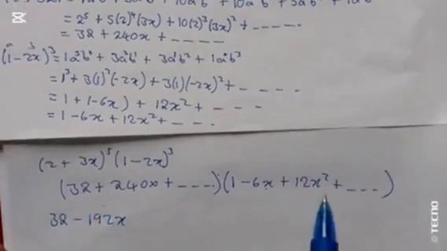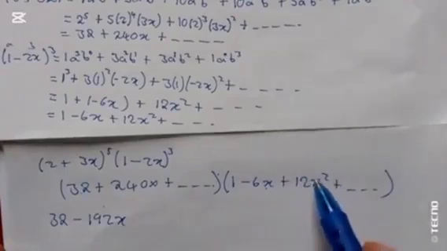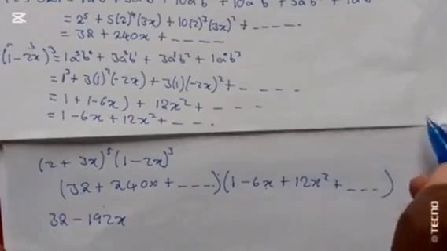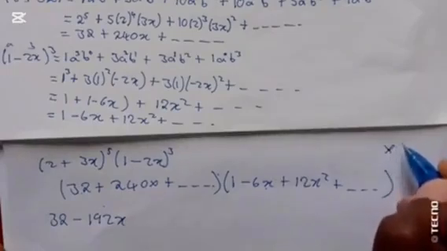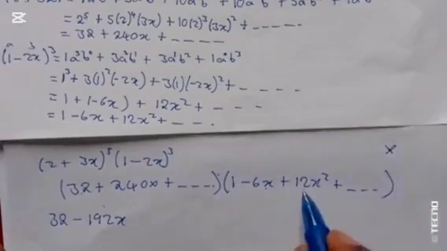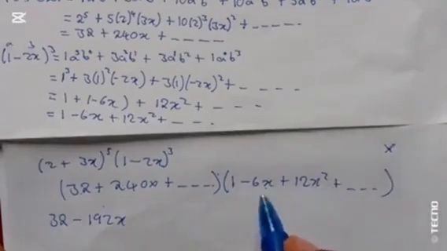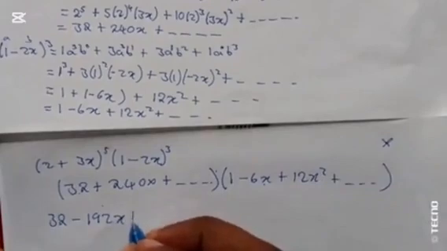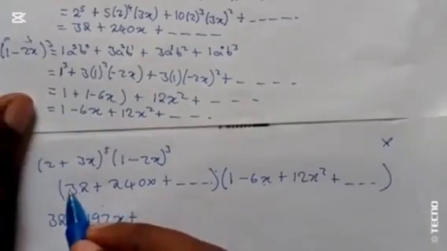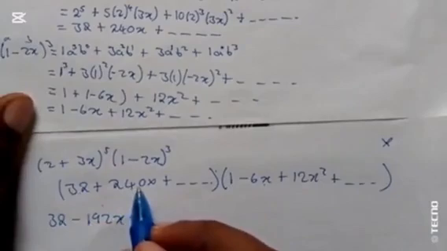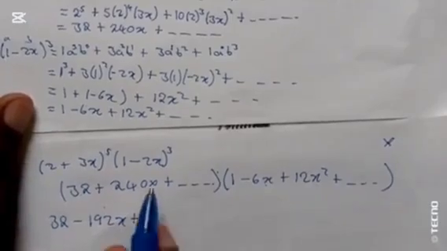Then 32 times this one, as you can see, it will be more than what you have been told. Here the degree is just x to the power 1, so once we include this one, it's not going to be considered. So we just say plus. Since we've done with this one, we can also multiply this one.